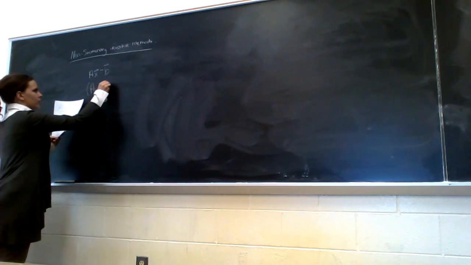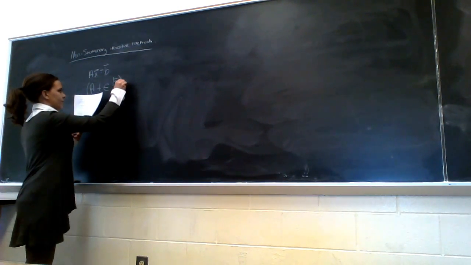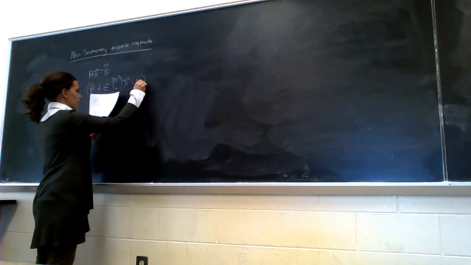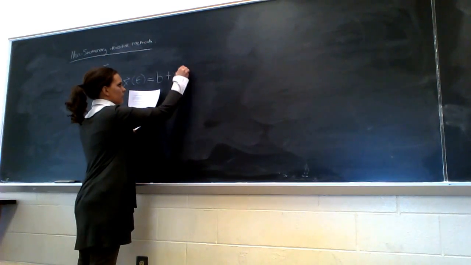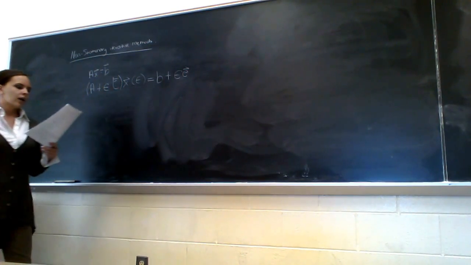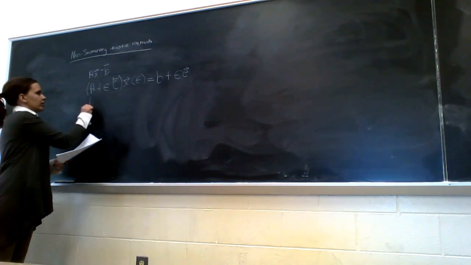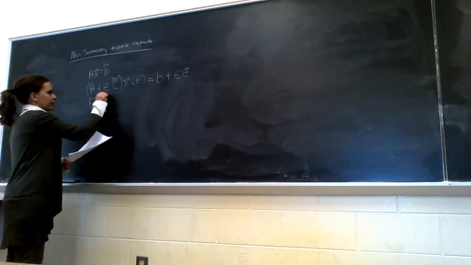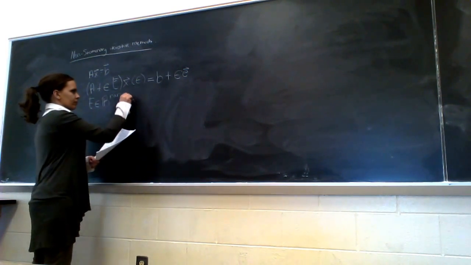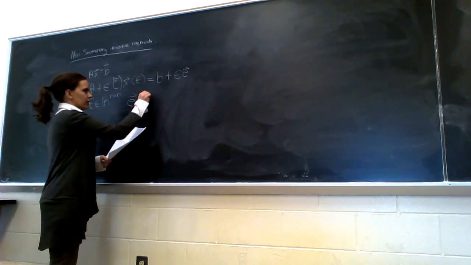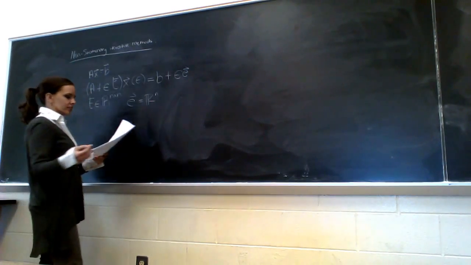So we have A plus epsilon times E, times x of epsilon, equals b plus epsilon times e. This is just a perturbation of the system Ax equals b, where E is in R n by n, and the vector e is in R n.